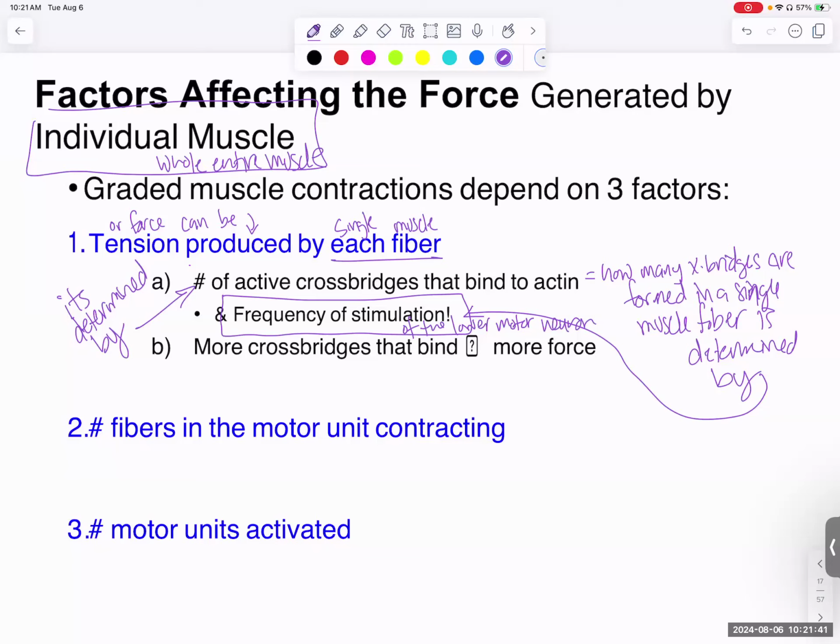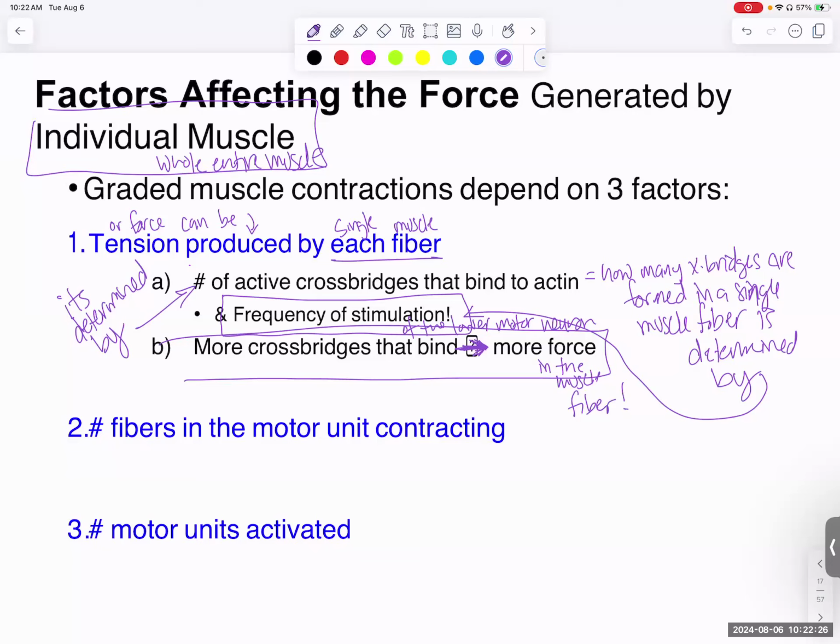So if it's a high frequency of stimulation of the lower motor neuron, it's going to have a high number of action potentials created in the muscle fiber, which is going to result in more calcium being released from the sarcoplasmic reticulum, which is going to have more active sites on the actin strand exposed, which means more myosin heads can bind, which means more cross bridges formed. More cross bridges formed, more force in the muscle fiber.